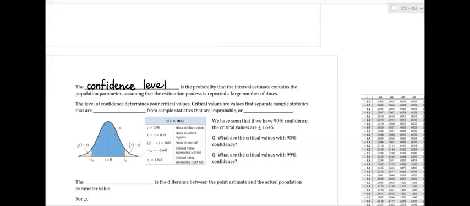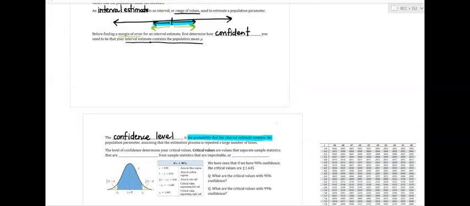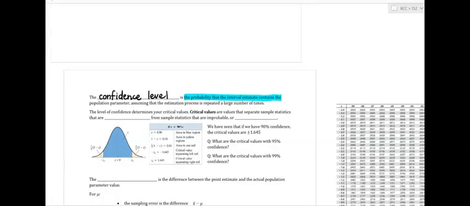So the confidence level is the probability that the interval estimate, which is just some interval that we're using to estimate the parameter, contains whatever it is we are trying to estimate, assuming that this estimation is happening a whole bunch of times. So the more times you do it over and over, you can then say with 90% confidence that the population mean will lie between certain two numbers.